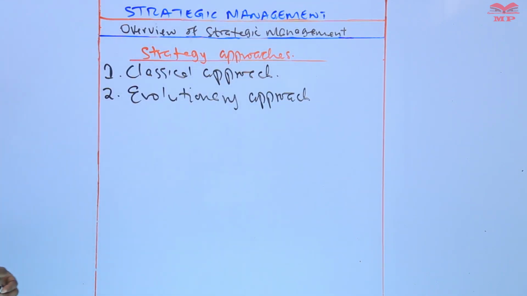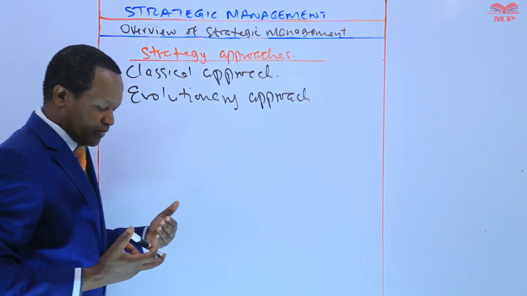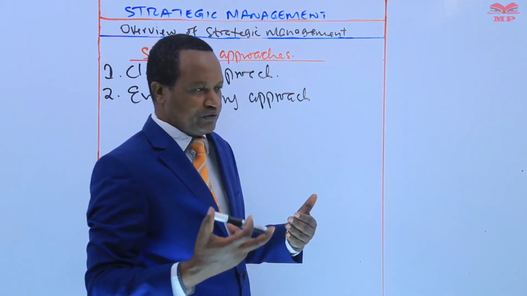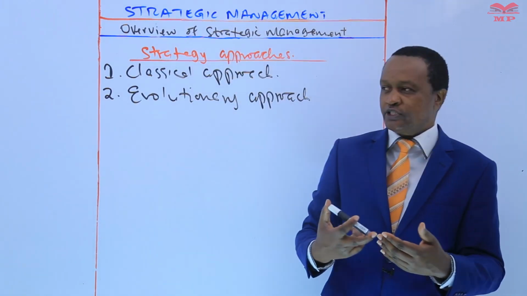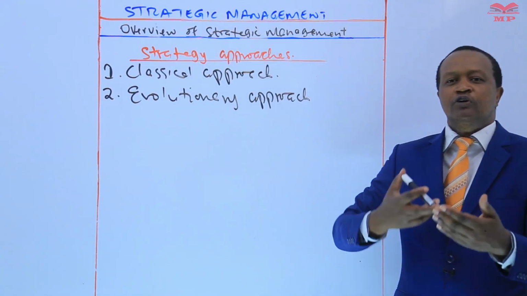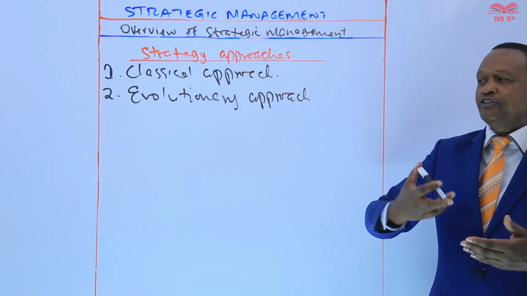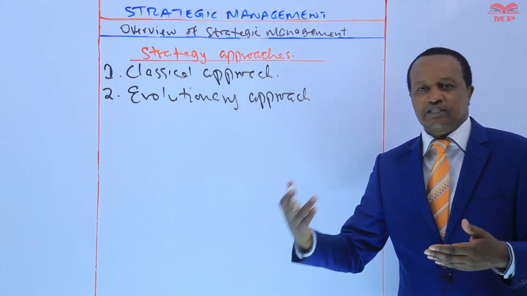The evolutionary approach is yet another approach, and this approach views strategy as an emergent process that evolves over time in response to changing circumstances.